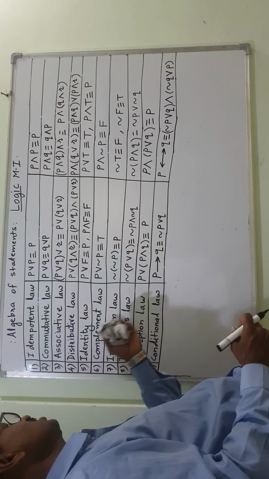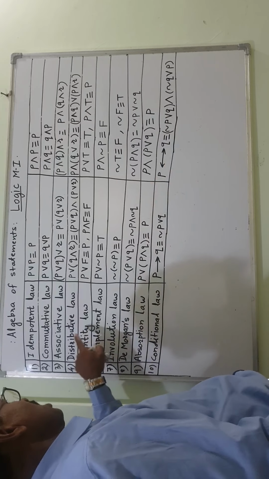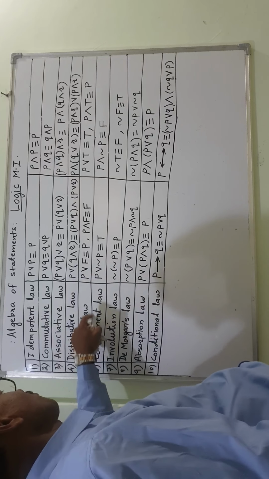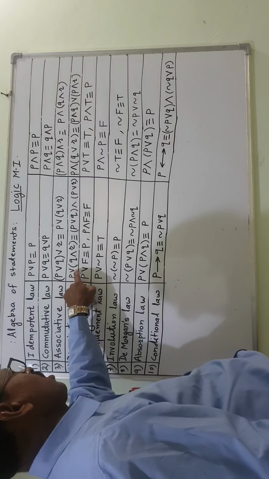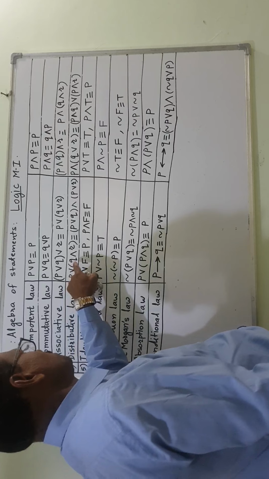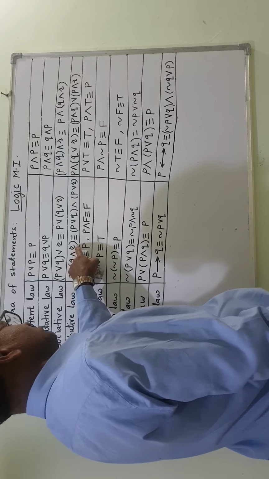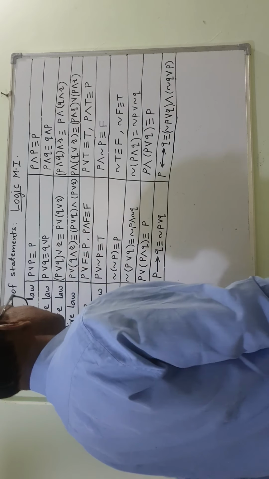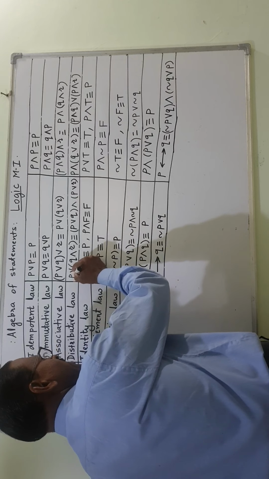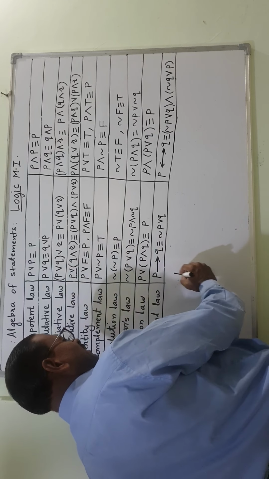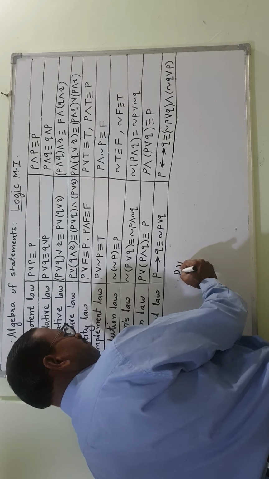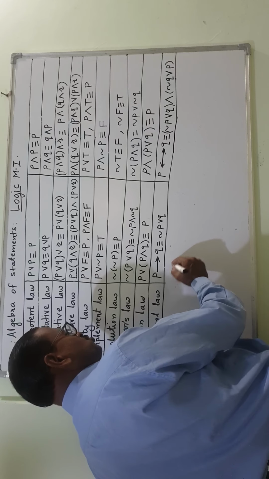Now, opposite to association is distribution. How to distribute P or Q and R? How to remember this? This P or, this is pasted together. This is joined together.